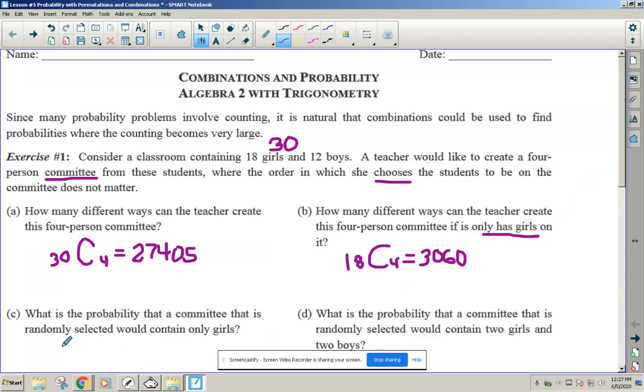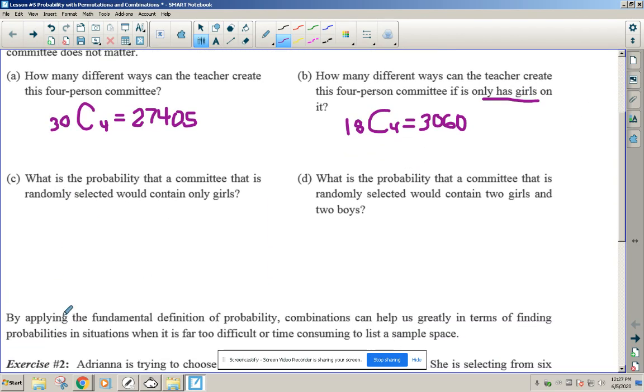So now the next thing is, what is the probability that this committee would contain only girls? Well, now we go to a probability, which is where we start with what do I want over what do I have. So the probability of 4 girls would be this 18C4 over the 30C4.